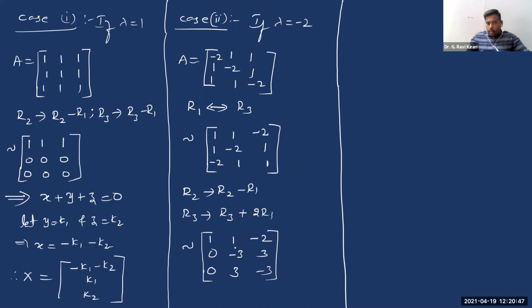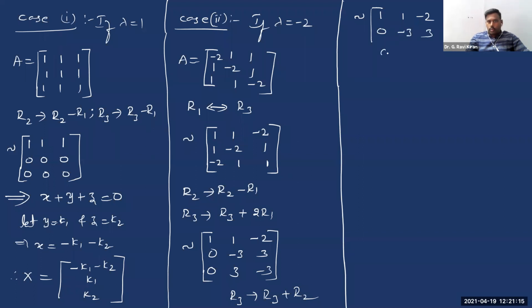Now see, using the second row, second element, we need to make the third row, second element 0. So for that, we can use this operation, R3 changes to R3 plus R2. Now see, with this operation, what happens? It is equivalent to the first row, 1, 1, minus 2. In the second row, we are not actually changing, 0, minus 3, 3.